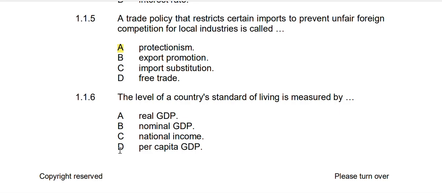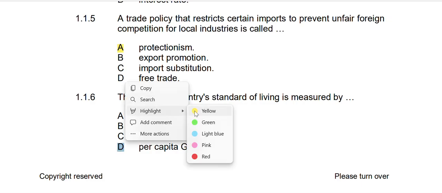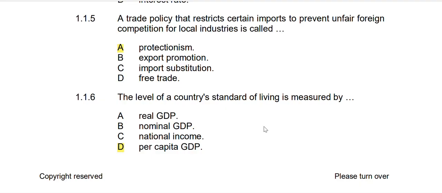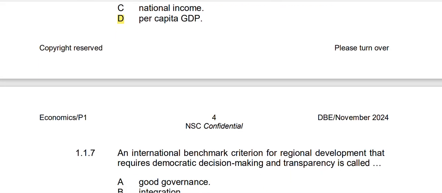The correct answer is D, which is per capita GDP. Per capita GDP is a level of country standard of living measurement. So in order to measure the standard of living of the country, you measure it based on per capita GDP. Then let's look at the next question.